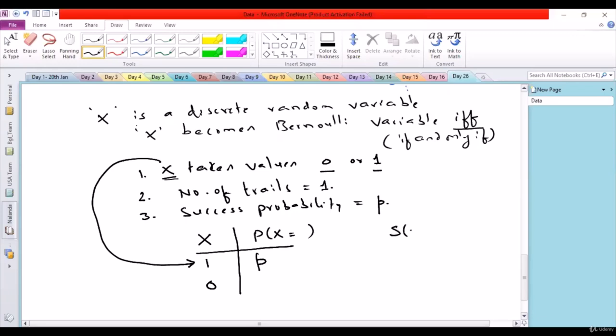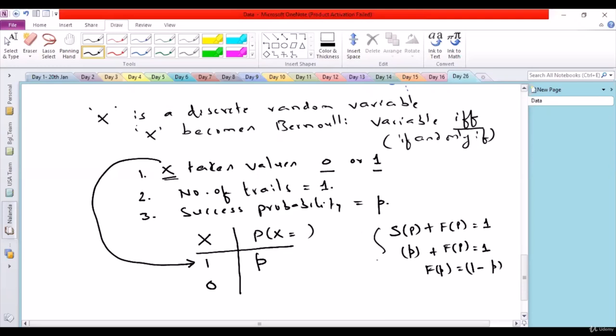If success probability is P, my failure probability is 1 minus P. Do you agree with this, guys?